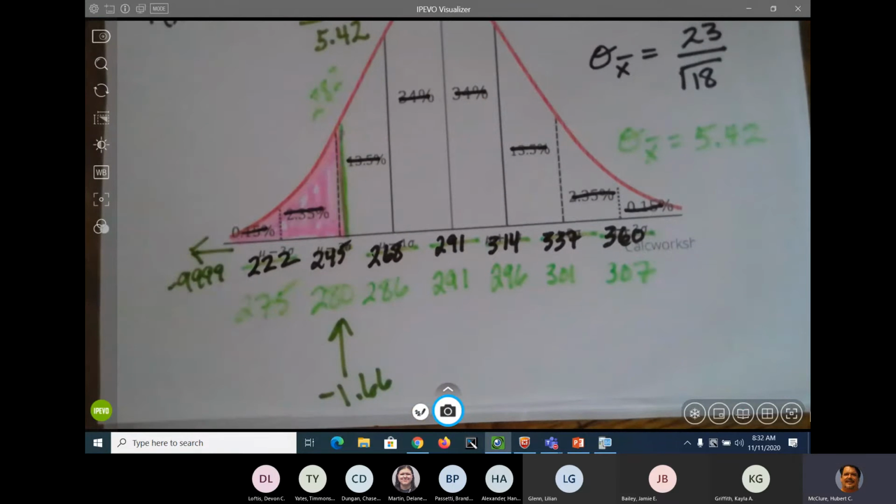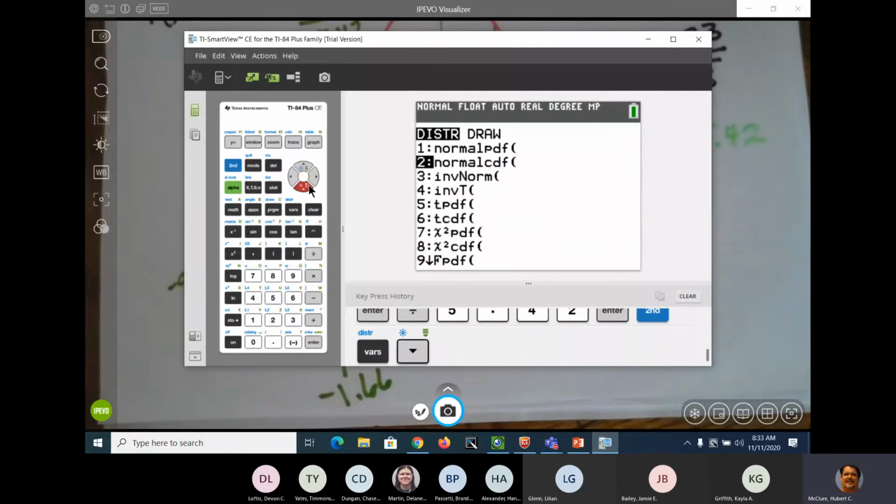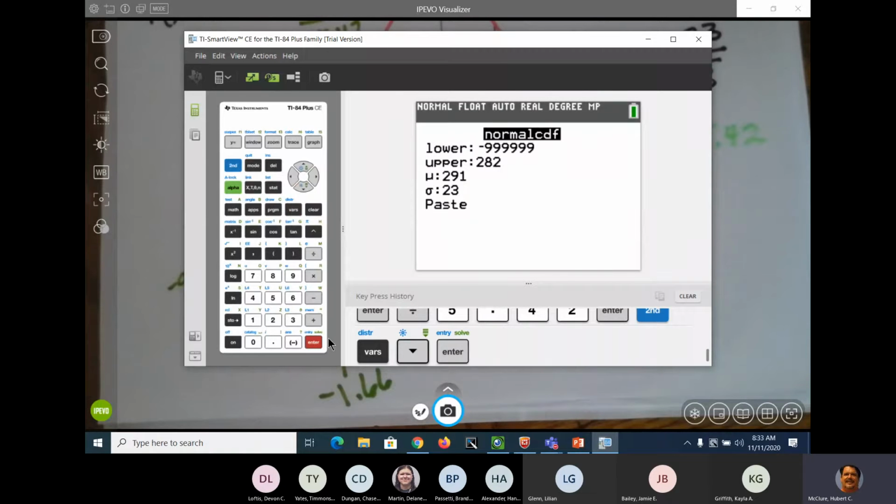So let's do it on an old calculator. So second, vars, normal CDF, negative 9999 to negative 1.66. And you can't change this with the old calculator, but there.